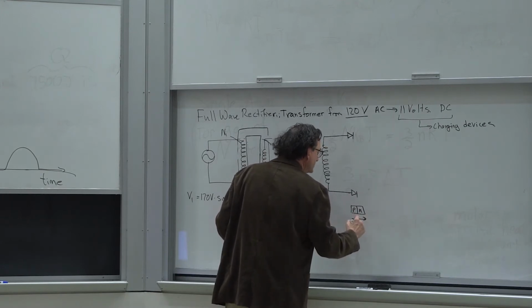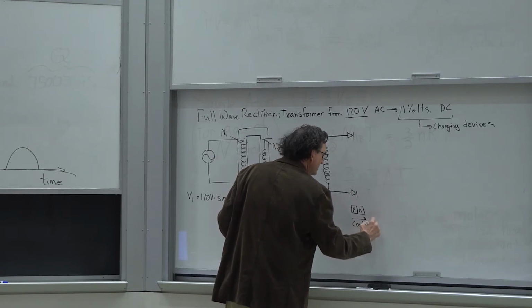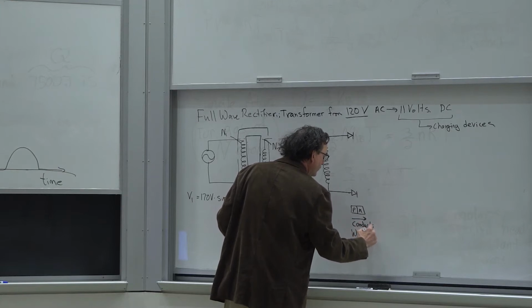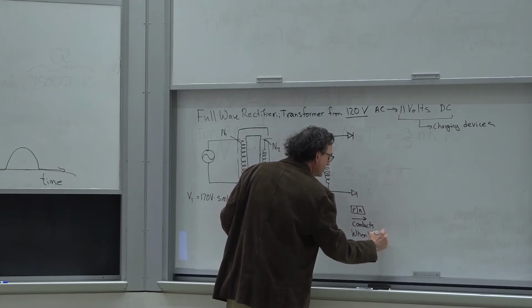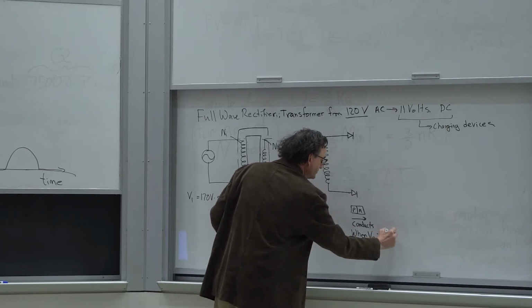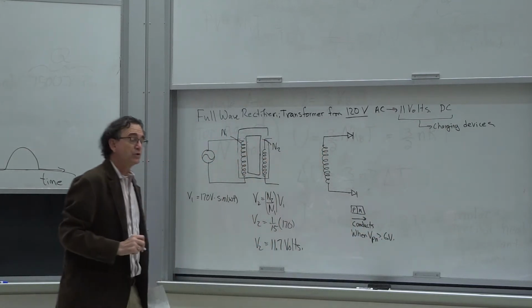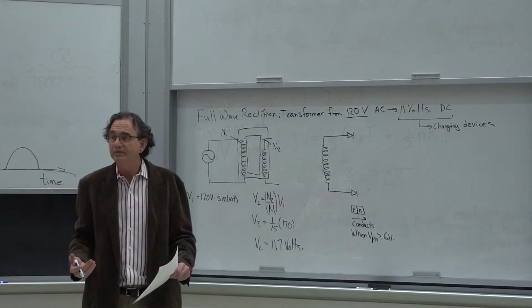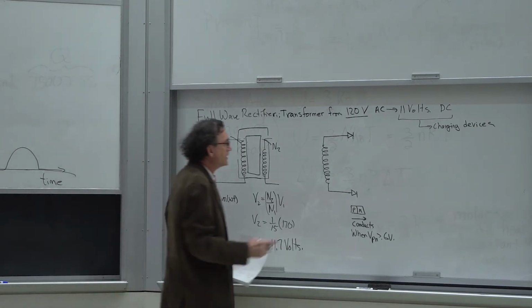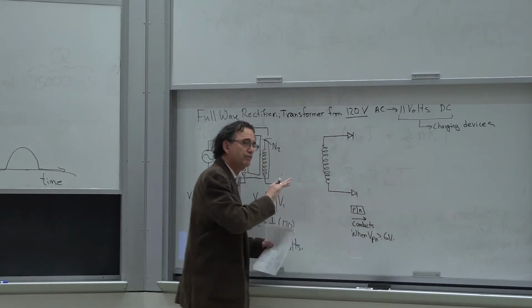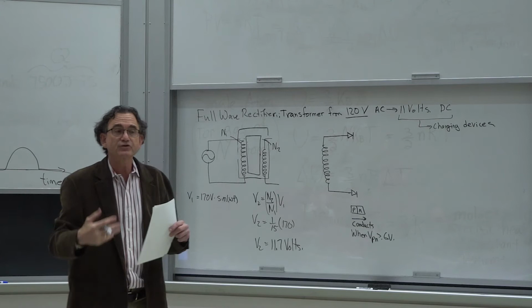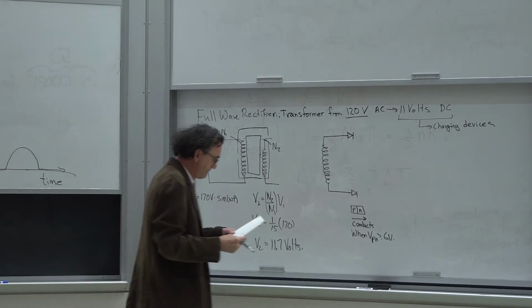When the voltage across the PN junction is greater than 0.6 volts, that's when it conducts. So unless you go above 12 volts, it's not going to conduct the other way. So we're only using it in the forward bias direction of generating current. Okay.